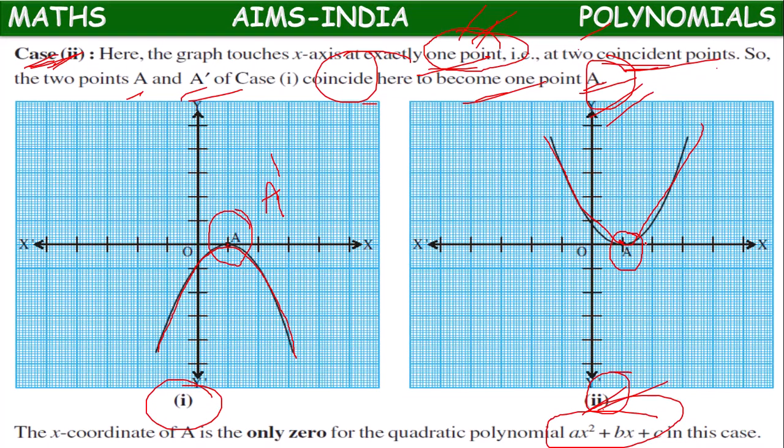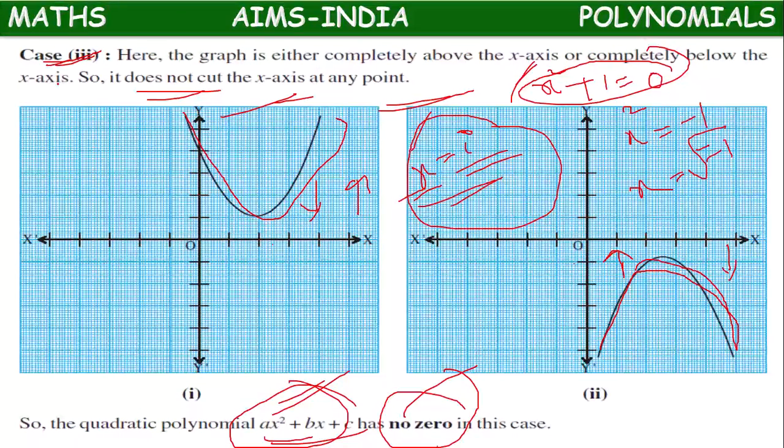Second: it touches exactly at one point, meaning two points coinciding with one another, so there is only one zero, two zeros equal to one another. Third: the curve doesn't touch the x-axis at all. It may be above or below the x-axis, meaning no zero. So in these three situations, any situation can happen.